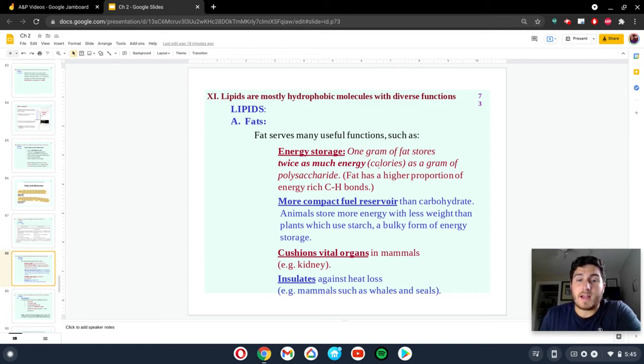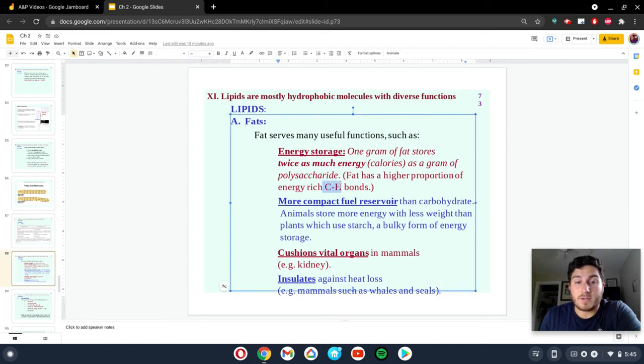So it has a lot of energy. Why? Because it has a ton of carbon and hydrogen bonds, just like we mentioned earlier. Right? It has a lot more carbons and hydrogens. It's a more compact fuel reservoir, so animals can store more energy with less weight, and plants with starch, they're going to also be able to store this as a starch.